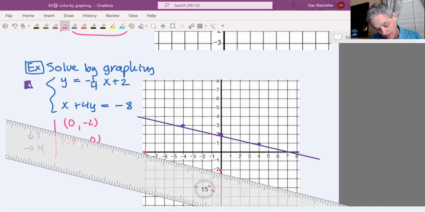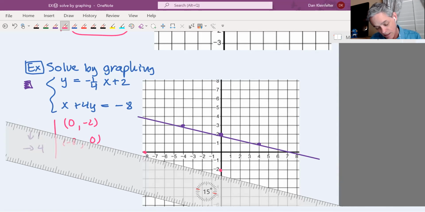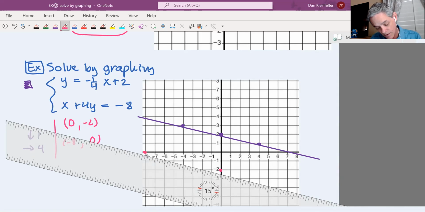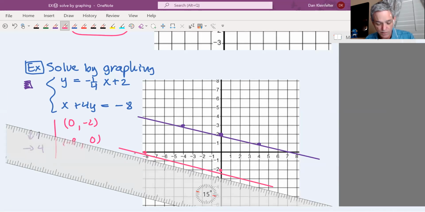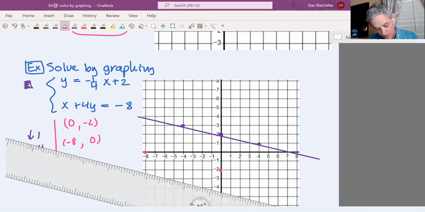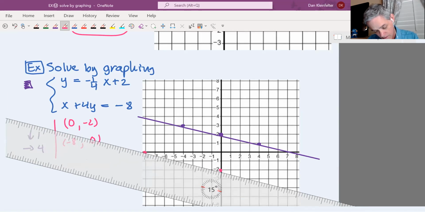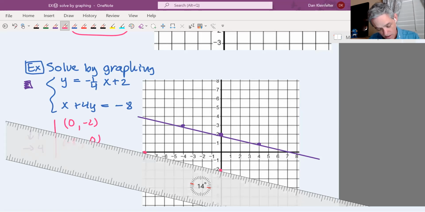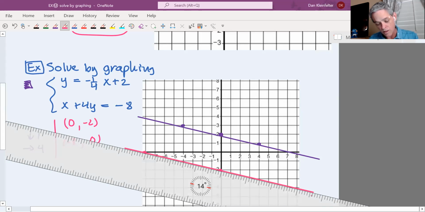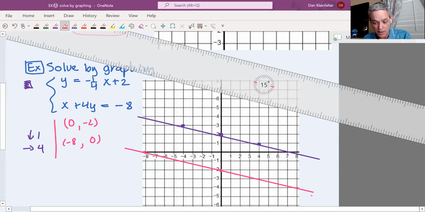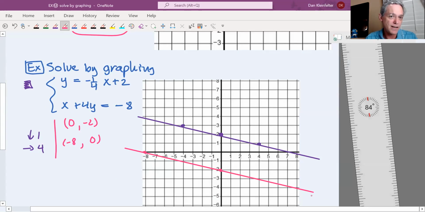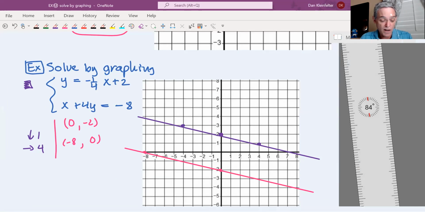This one, it doesn't look like they're going to cross unless it does way off the edge of the screen here. I'm betting these guys are parallel. Sorry, that one was really off the dots. Let's make that a little better. Okay, those two look like they're parallel unless, like I said, they intersect somewhere miles away.